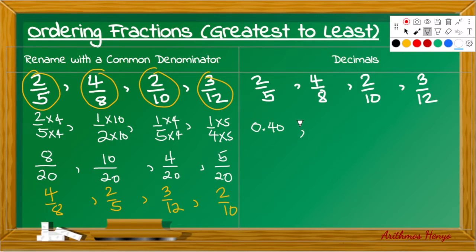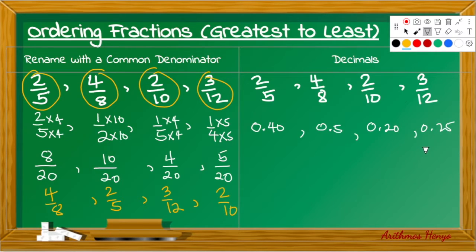0.40, and then this is 0.5, then 0.20 and 0.25. How did I get all this? Just simply divide 2 divided by 5, 4 divided by 8, 2 divided by 10, and 3 divided by 12.